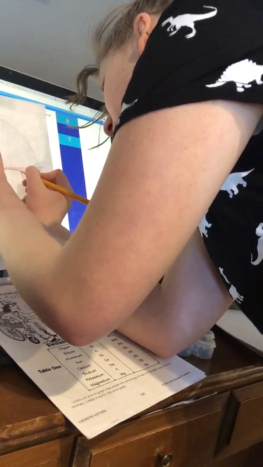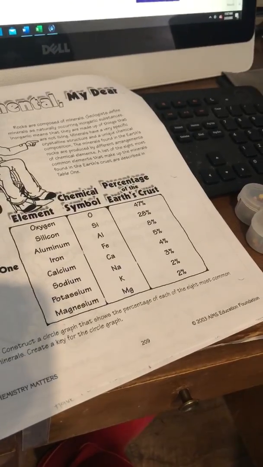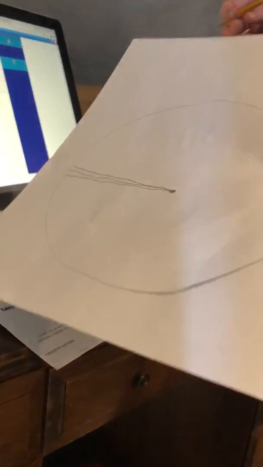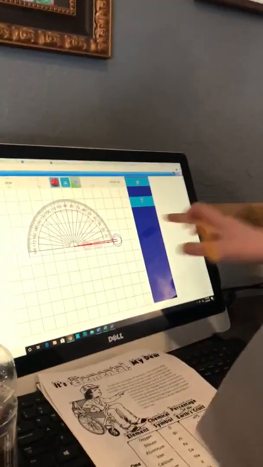So it's just basically showing like how much more oxygen there is than aluminum or something like that. It's showing how much more it is where, though? Where do you think? In the air? In the air. That is an excellent guess.